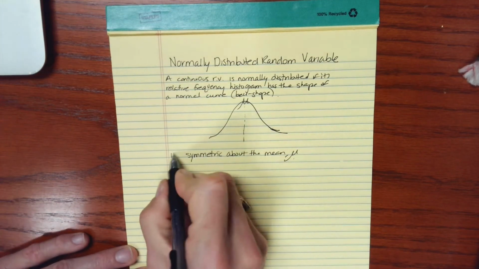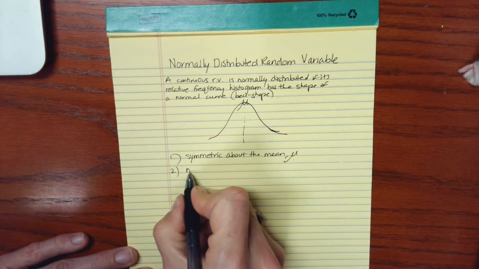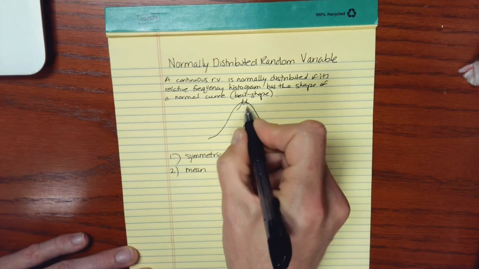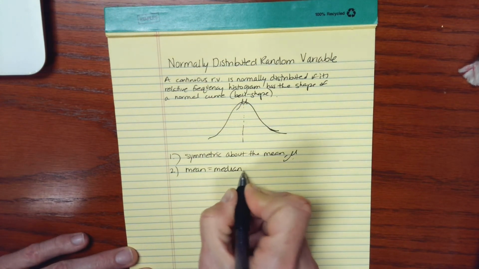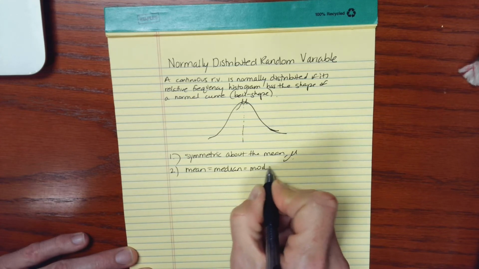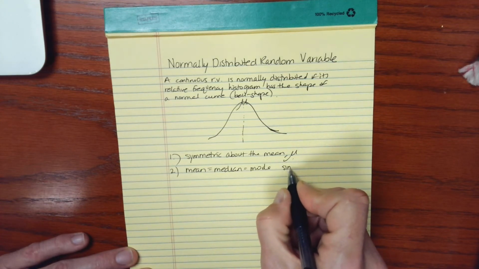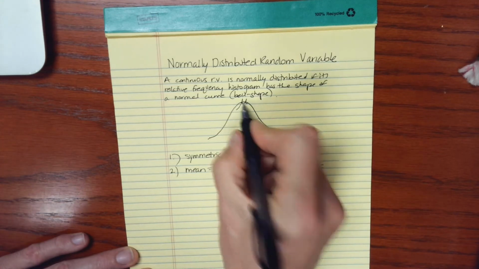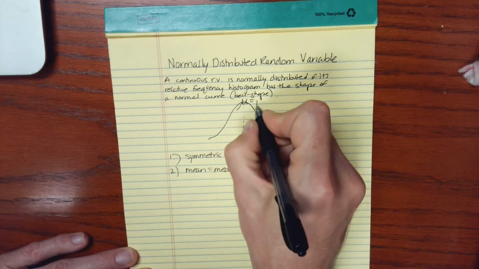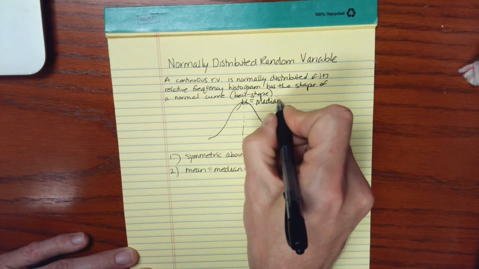Something else to notice: the mean is equal to the median and also the mode. There is a single peak in this distribution right here, so the mean equals the median equals the mode.